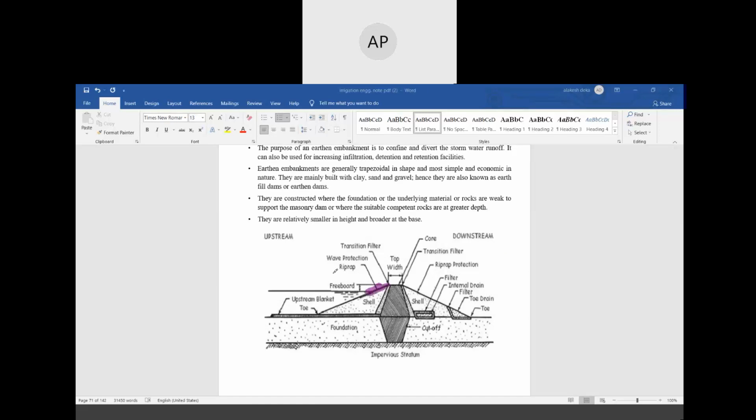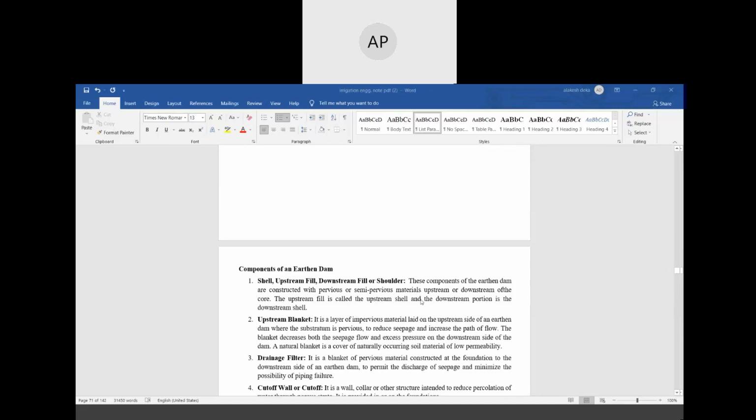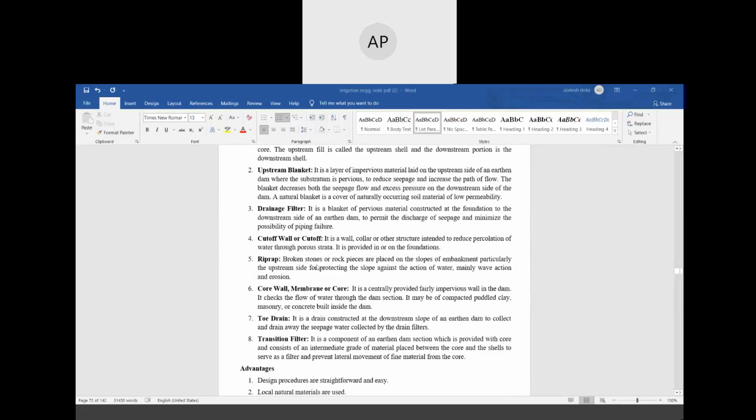In the figure, you can see this is the riprap, on both the upstream and downstream side. So, broken stones or rock pieces are placed on the slopes of embankment, particularly at the upstream side for protection of the slope against the action of water, mainly wave action and erosion.